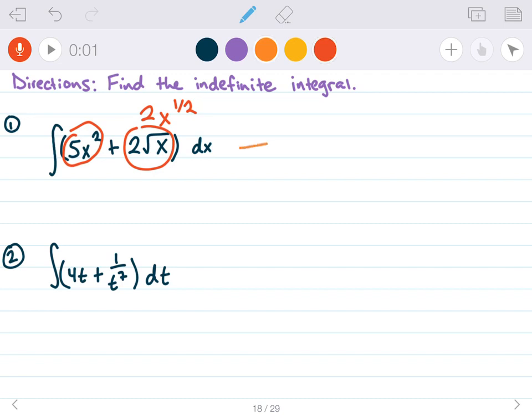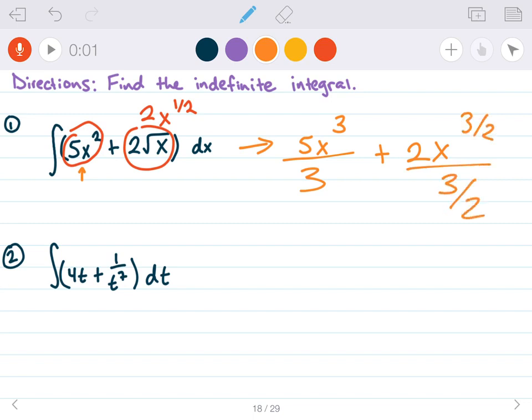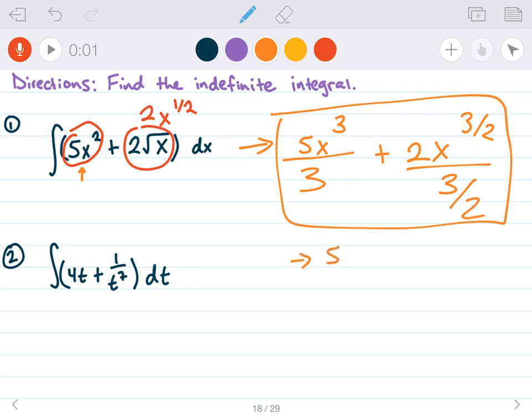So, okay, here we go. For the first one, I add 1 to the exponent, which is 3, and then I divide by that. All right, the second one, I add 1 to the exponent. Well, 2 over 2 plus 1 over 2, that's 3 over 2. Then I divide by it. That's it. I can write this a little bit better. When I divide by a fraction, I'm multiplying by the reciprocal.